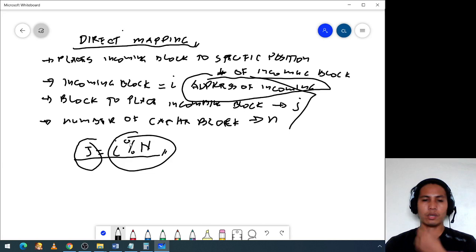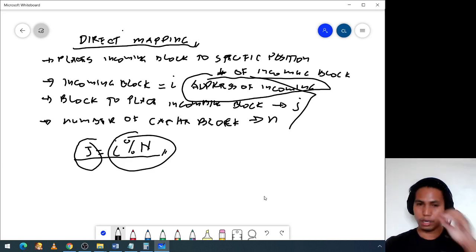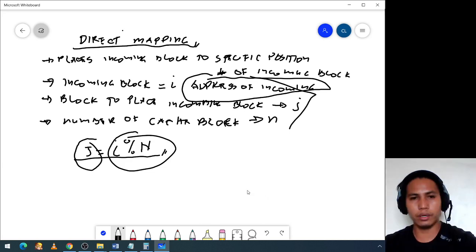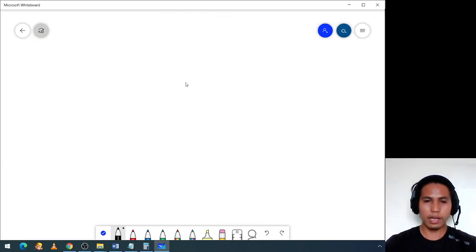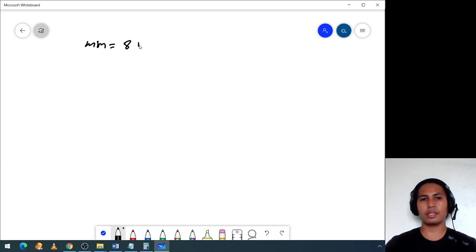For you to better understand direct mapping, let's say we have an example. Before I discuss the example in the module, I'll give a specific example po natin. So, imagine a main memory with a size in blocks, take note, let's say 8 blocks.